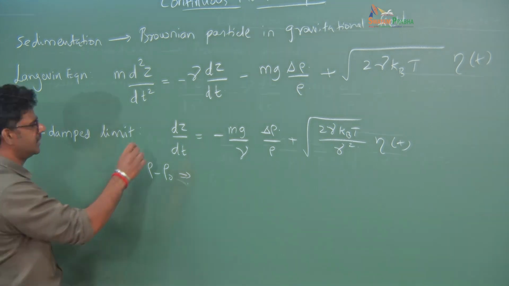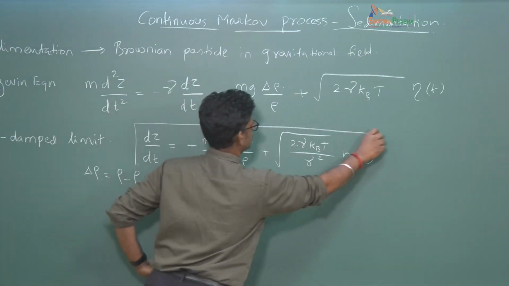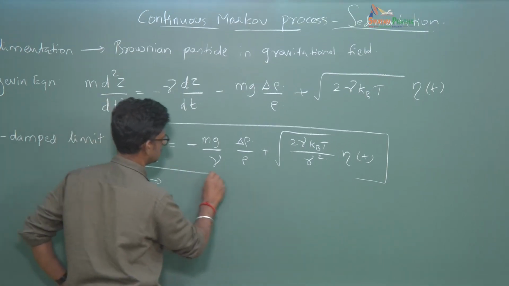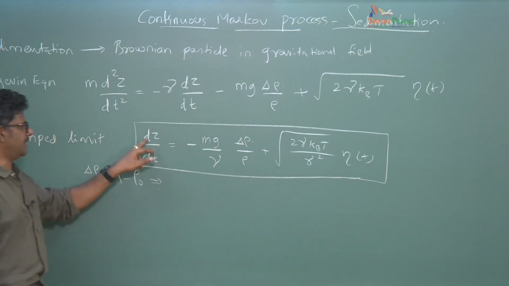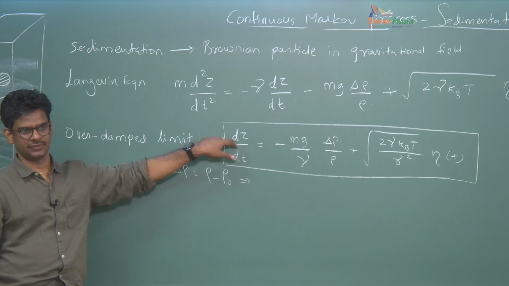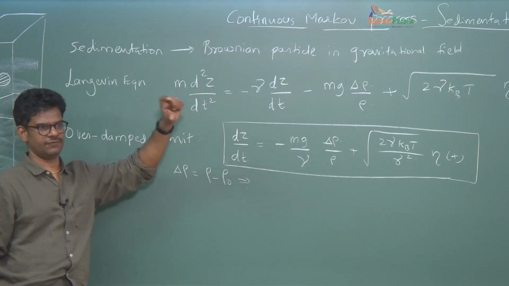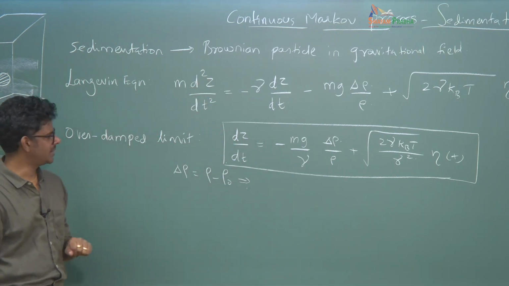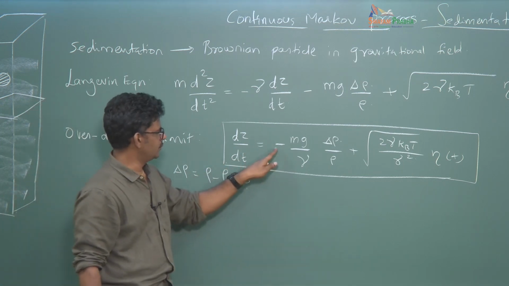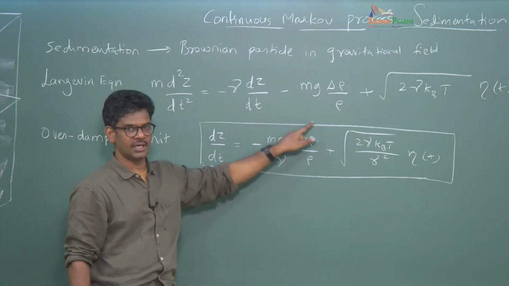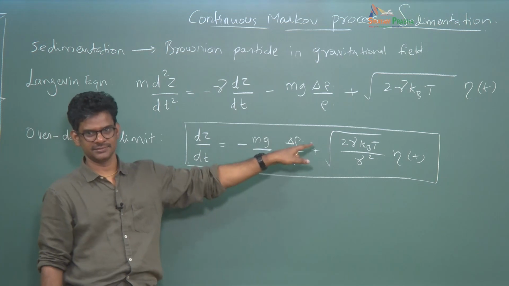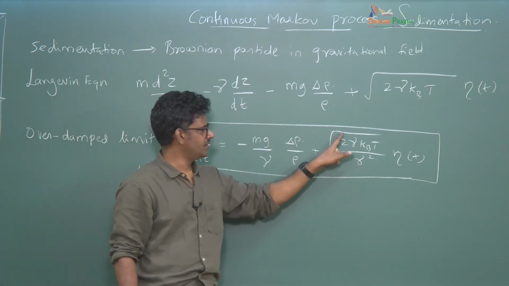So here you can see the rate of change of the particle position. Here I am talking about the Langevin equation for the particle position in the z dimension. So you have a drift term here. This is what we call A, and whatever you see within the bracket.